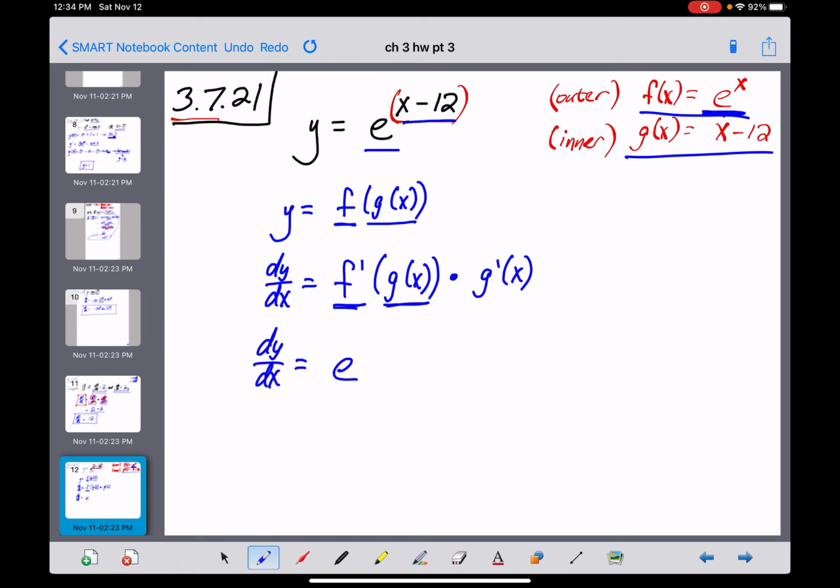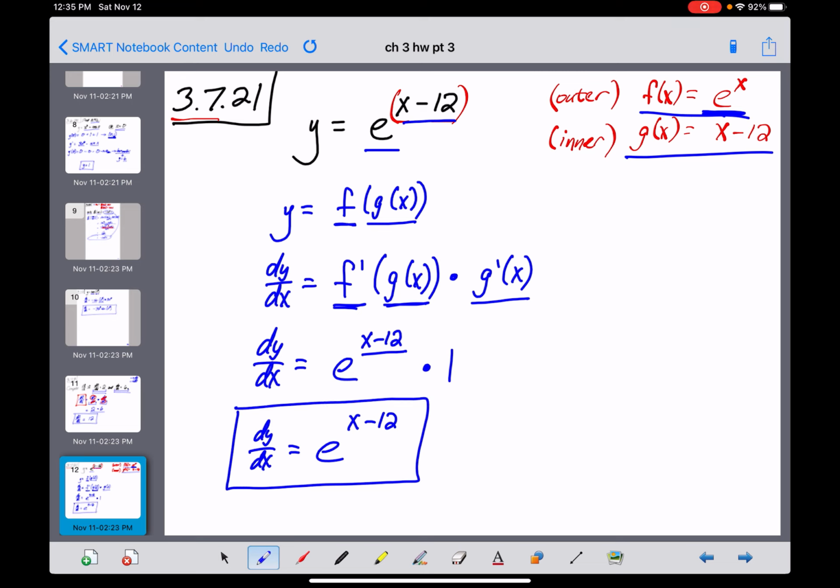So that's us leaving the g of x alone, and we're still going to start off with an e to the x minus 12. And all we're going to do now is multiply that by the derivative of what's inside, the derivative of x minus 12. But in this case, that derivative of x minus 12 is just 1. So our answer here, guys, dy dx, is simply equal to the exact same function that we started with, e to the x minus 12.